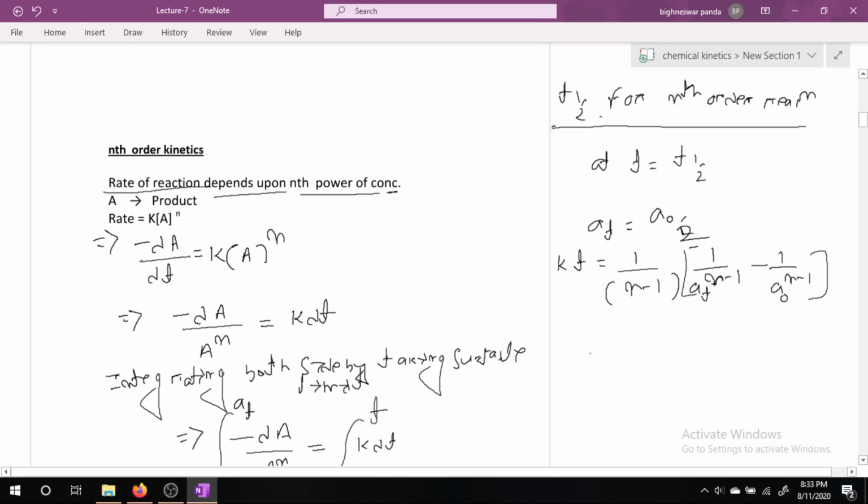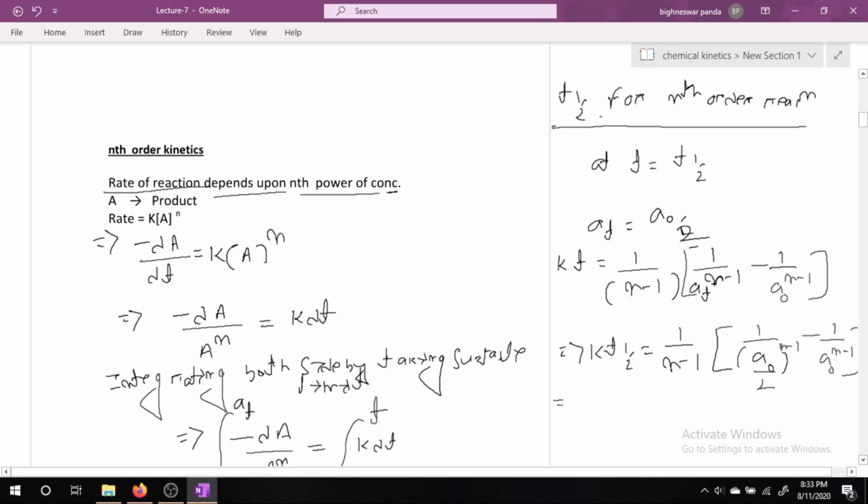By solving I can get K into t half is equal to 1 by n minus 1 into 1 by A naught by 2 power n minus 1, minus 1 by A naught power n minus 1.